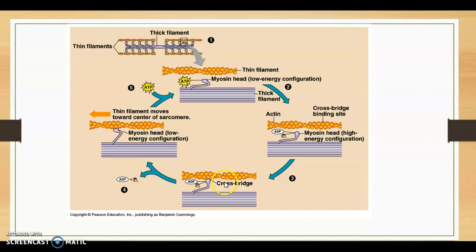It's getting ready to basically throw up to the actin and help pull it. So now that it has the energy, it goes ahead and attaches to the actin and forms a cross bridge. And again, this is only one. Remember, there's 350. Every time a lot of them are doing it, it's going to pull it each time. Okay, now here, once a cross bridge is formed, it cannot be released until we get another ATP. We've already attached, we pulled it.